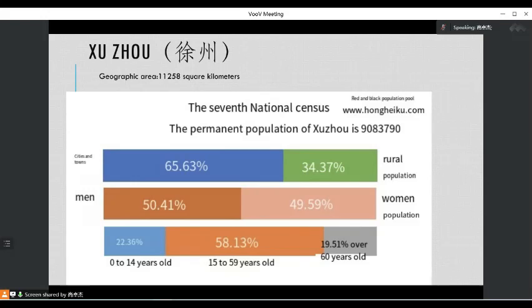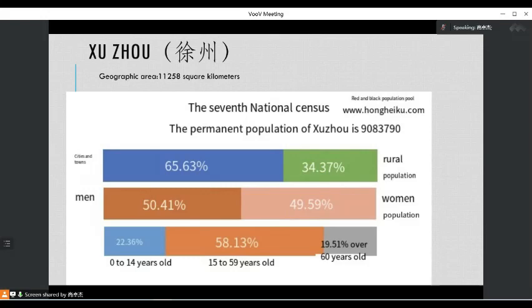Square kilometers is the normal unit used in China. According to the data of the 7th National Population Census, the total population living in Xuzhou is about 9 million. Okay, this is the data of Xuzhou.